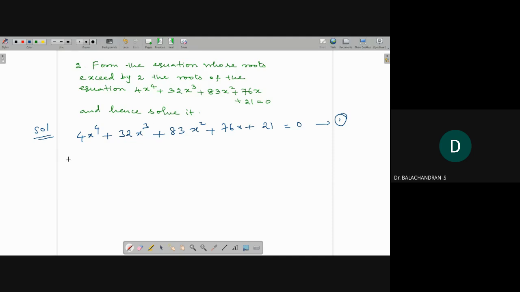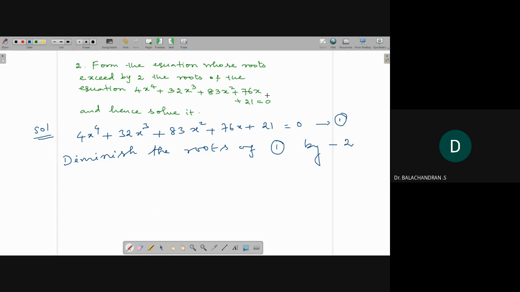So for this I am going to diminish. Instead of increasing by 2, I am going to diminish the roots of equation 1 by minus 2. Both of them are equivalent.